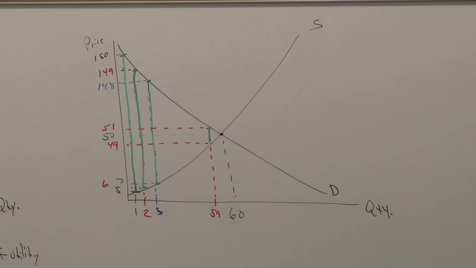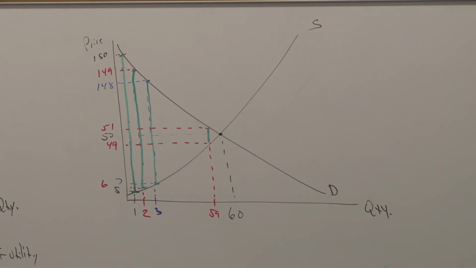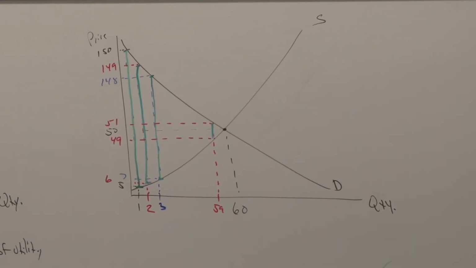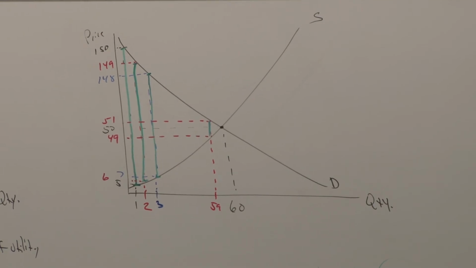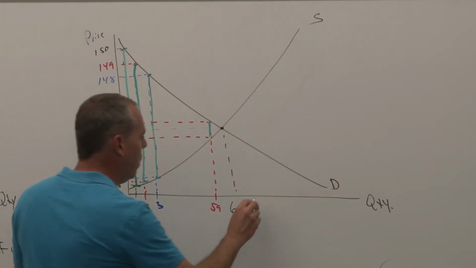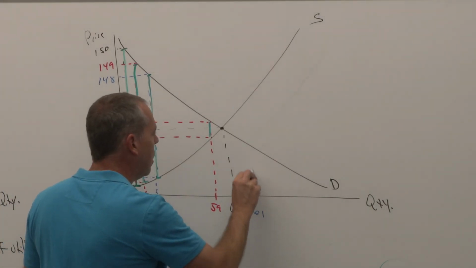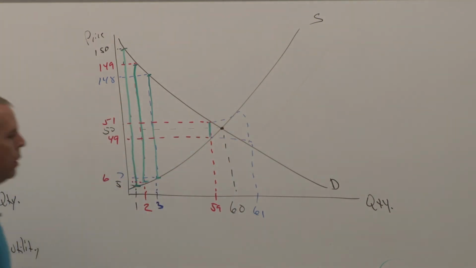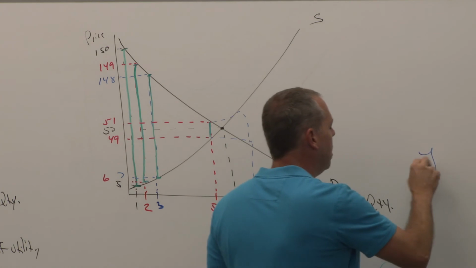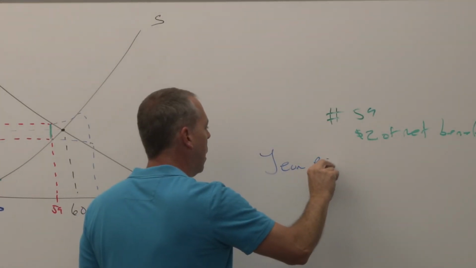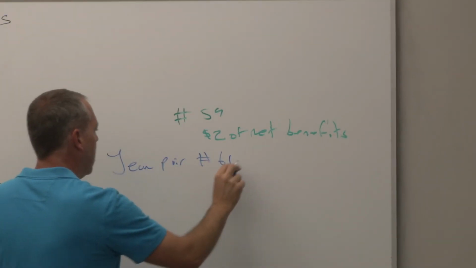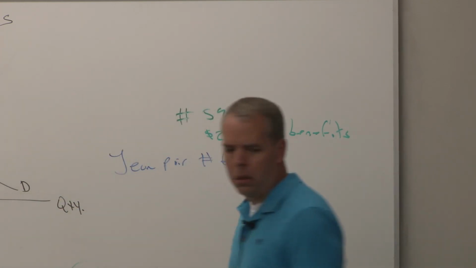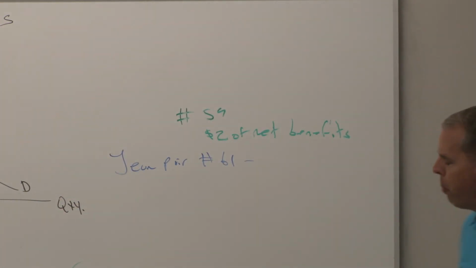Let's look at what's happening here with gene pair number 61. What's happening here?